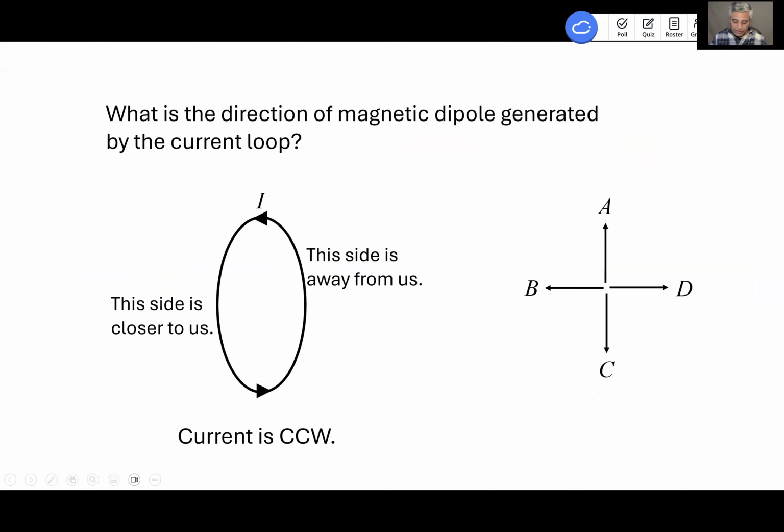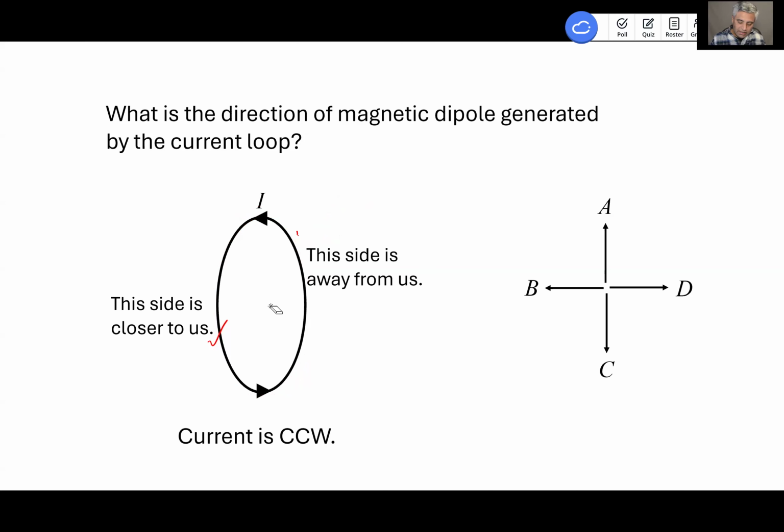So here is a question. This look could sometimes be deceiving. This is the farther side and this is closer to us. If I am holding something like this, one side is farther from me and another one is closer to me. That's what I am saying, okay? That way we can tell which way current is going here. When looked at from this side, it is going counterclockwise.